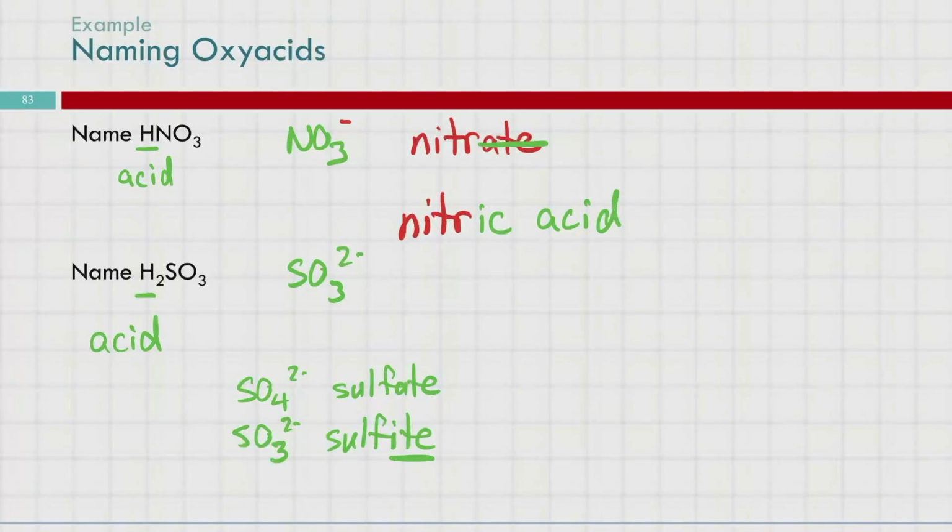So the ITE ending comes into play, and we've got the oxyacid with that, so we're going to change the ending to what? OUS. So ite turns into OUS, and then we also do this fun thing. We add UR for some reason, so it's sulfurous acid.